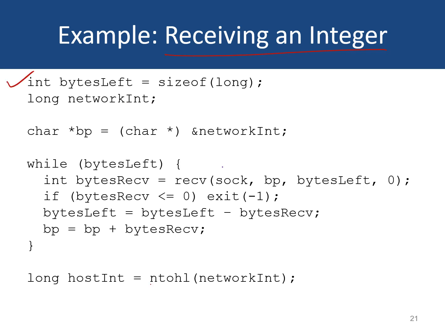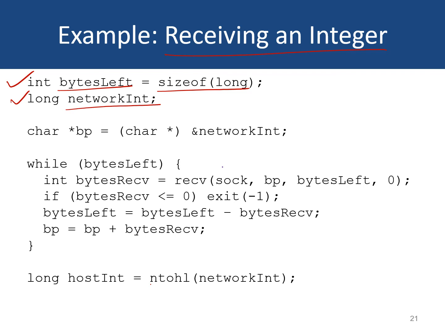So first we have initialized the variable bytes left, which keeps track of the number of bytes that are remaining to be received from the socket. This is initially initialized to size of long, which is usually 4 bytes, since we are retrieving a long integer. Next, we have declared a variable, long network int.